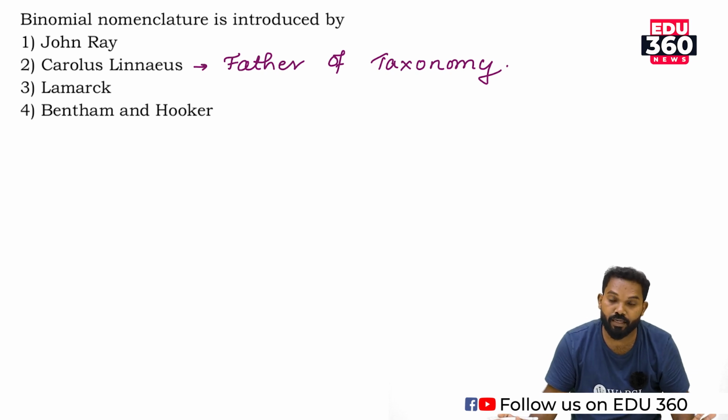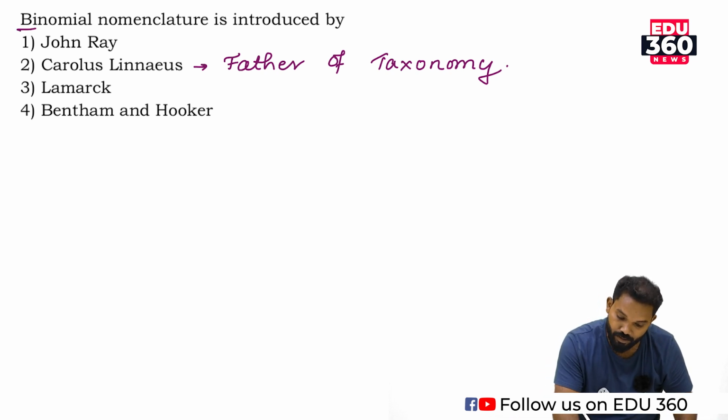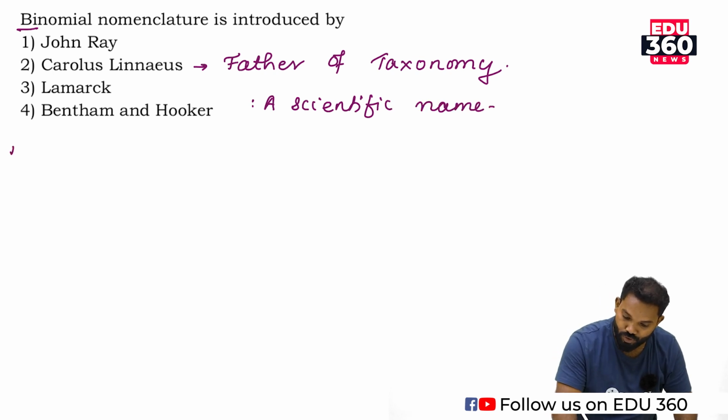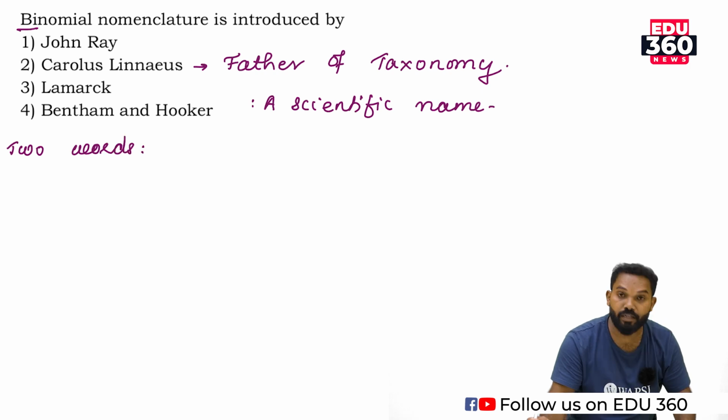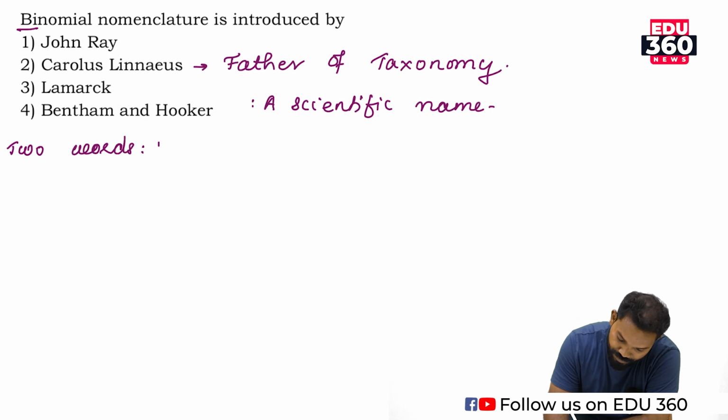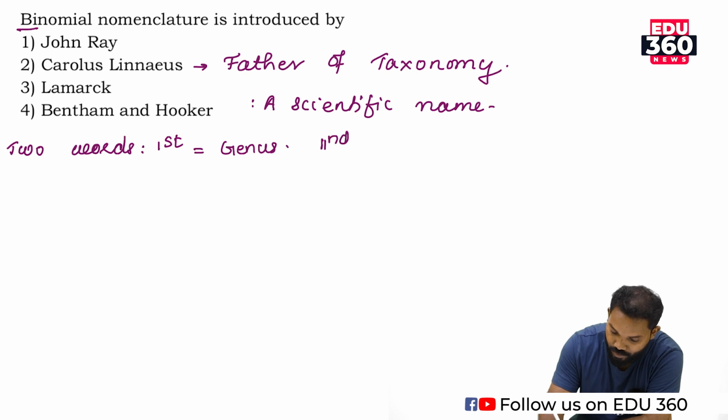What is binomial nomenclature? The term itself means a scientific name which contains two words. The first word is the genus name, and the second word is the species name.